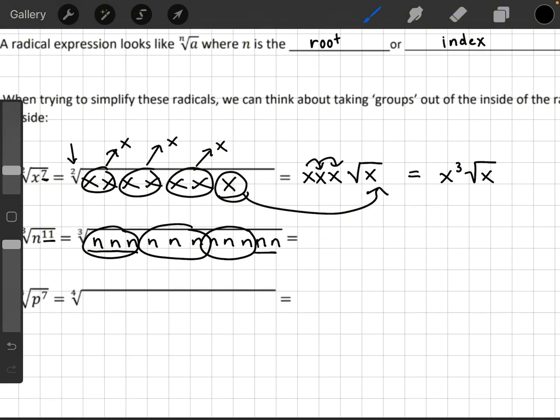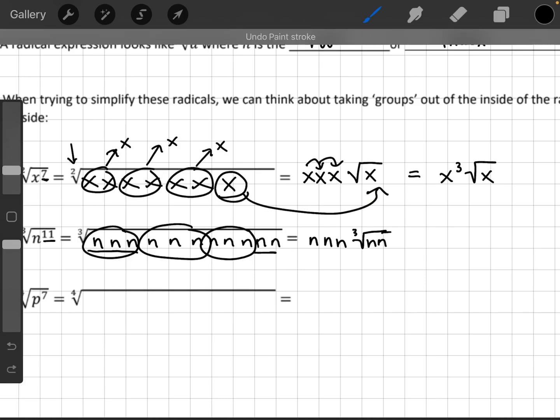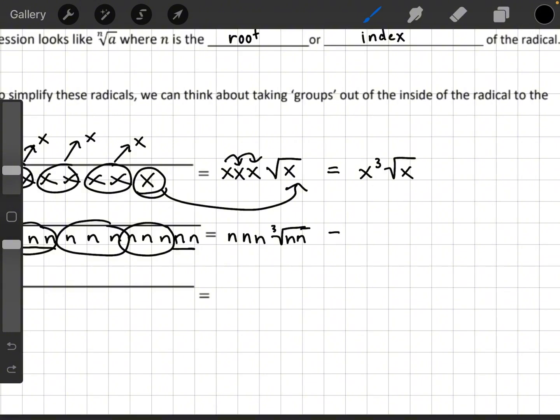So now we have 2 remainders on the inside, and 3 groups of 3. So we have n times n times n times the cube root of n times n. Because there are 3 n's on the outside, we can rewrite this as n to the power of 3 multiplied by the cube root of n squared.